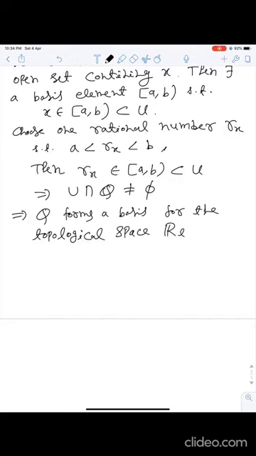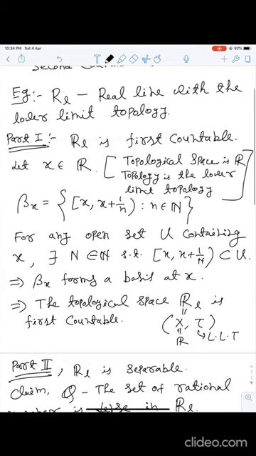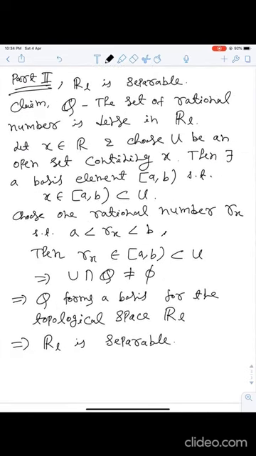Right? That implies RL is separable. Okay. Now in part 1 we have seen that RL is first countable. In the second part we have seen that RL is separable. Now two parts are left. One is RL is Lindelof and another part is RL is not second countable.